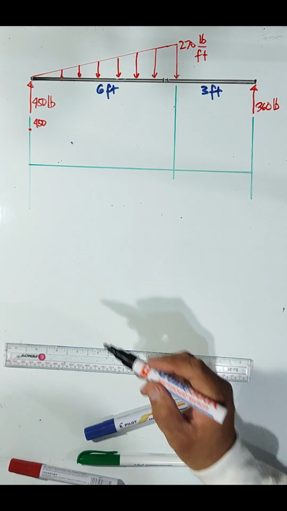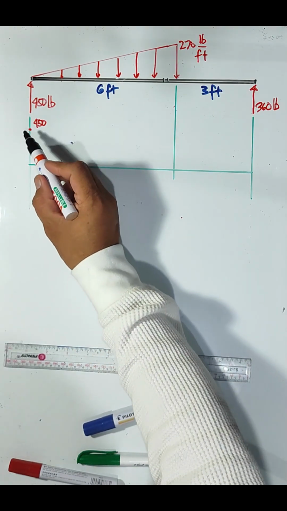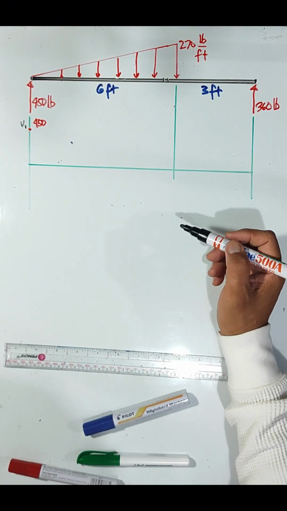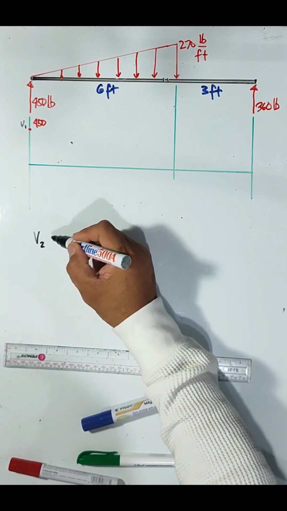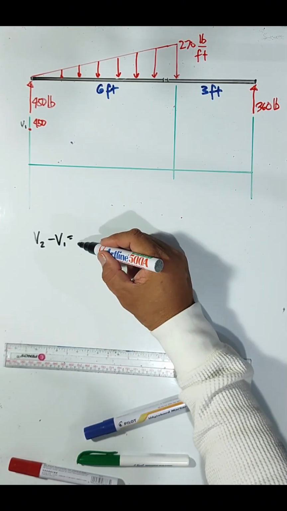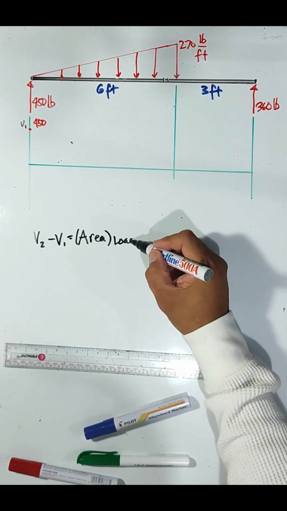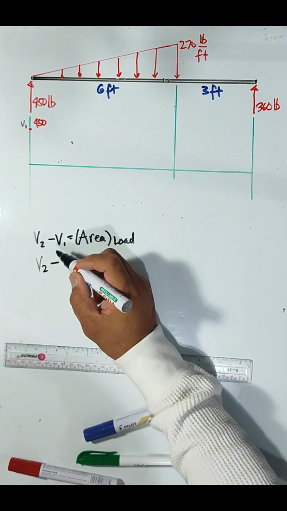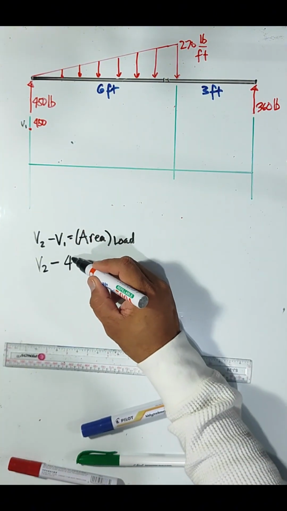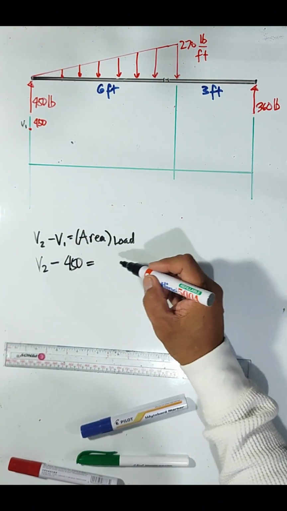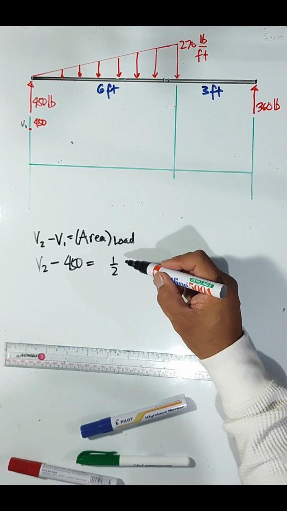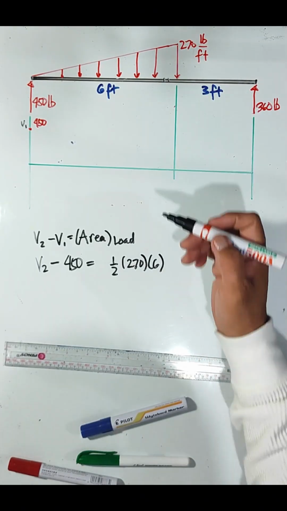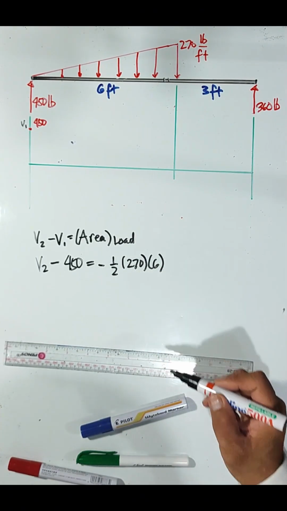The change in shear, if we call this V sub 1, the shear here, we'll call it V sub 2. So V sub 2 minus V sub 1 is the area of the load diagram. V sub 2 we do not know. V sub 1 is 450. The area is a triangle, 1/2 of 270 times 6. It's going down, so this will be negative.